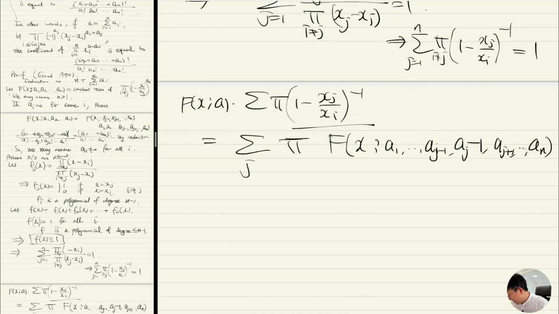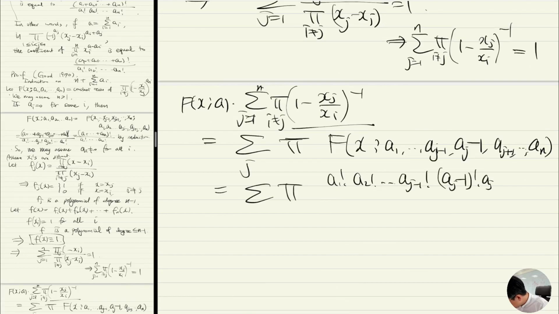That's what we have, right? Because I'm reducing the order by 1. And this is i not equal to j from 1 up to n. Right, so this is the sum of a1 factorial, a2 factorial, aj minus 1 factorial, aj plus 1 factorial up to an factorial.